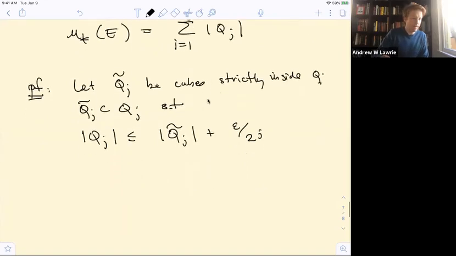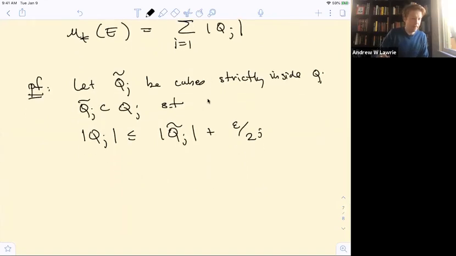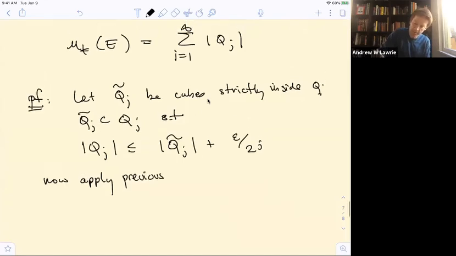Now we'll apply the previous property, property 4, repeatedly, over and over again.